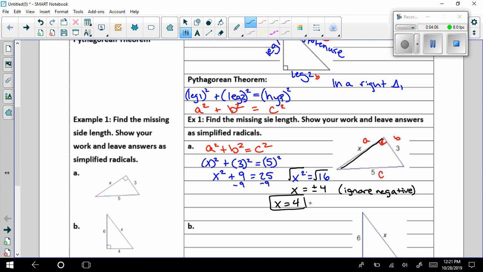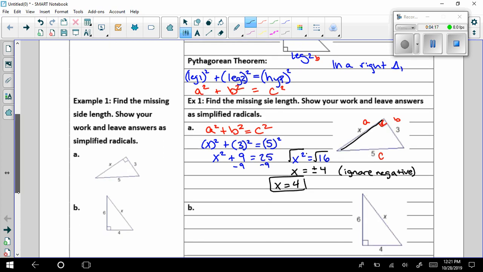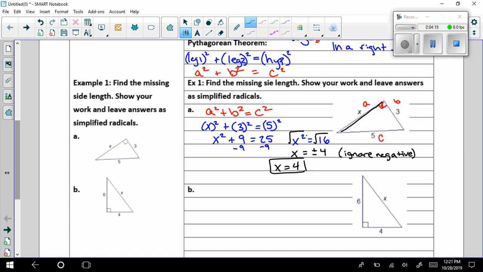From here on out, I will just write the positive answer. Just be aware that a negative 4 would also work in this circumstance, because that will show back up in some of your exit tickets possibly, as well as Algebra 1B.